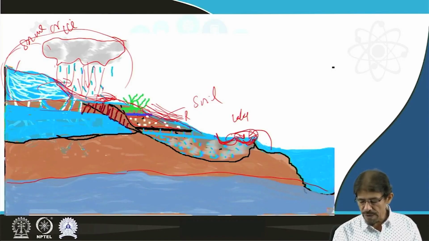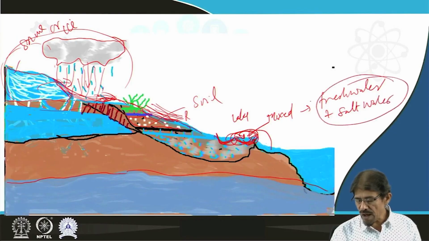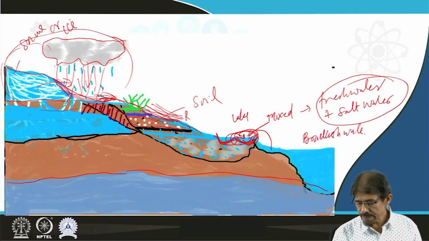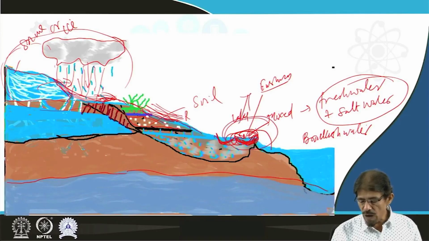This portion having mixed type of water, fresh water plus salt water, and this mixture of fresh water and salt water is recognized as brackish water. So the depression filled by the brackish water is recognized as an estuary. This estuary is located at the mouth of the river.